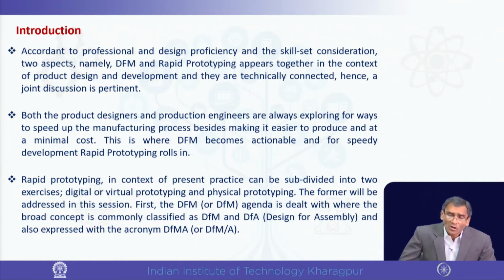Rapid prototyping in the context of present practice can be subdivided into two, as I have said: the digital part and then the physical part. First, a digital simulation or digital solution is created from a CAD design, say to check how much stress or force is coming onto the product.